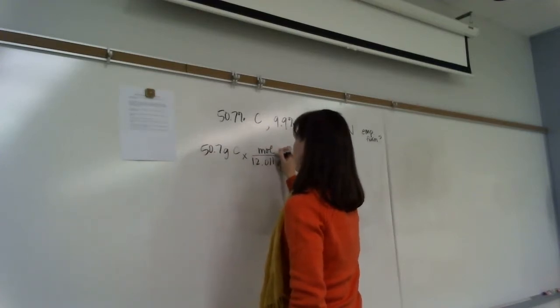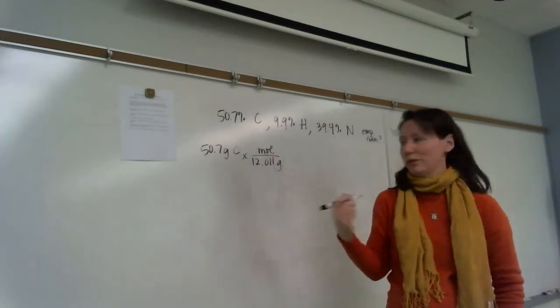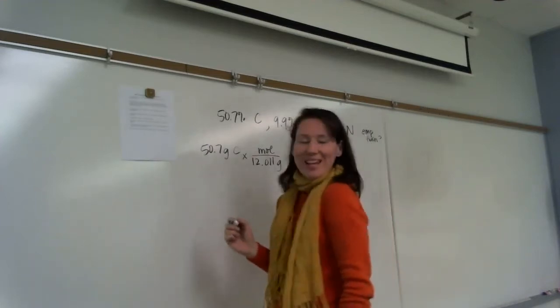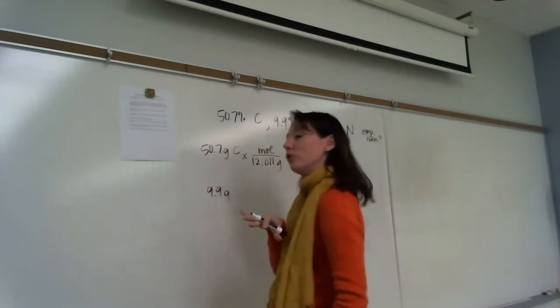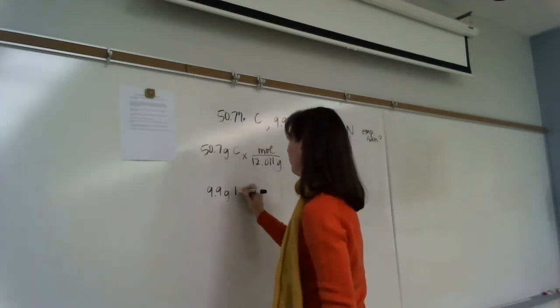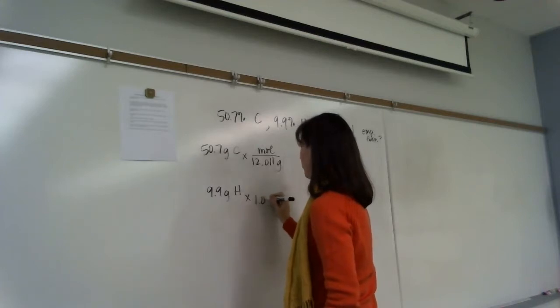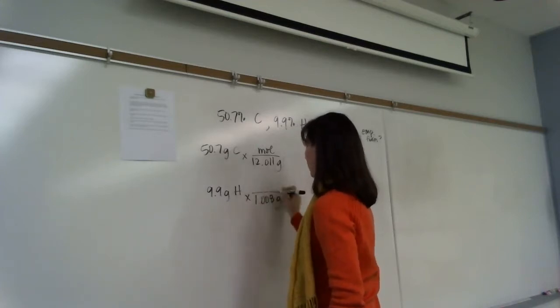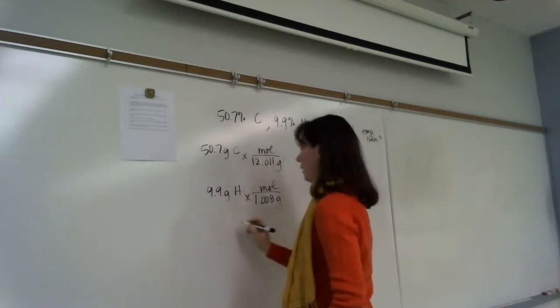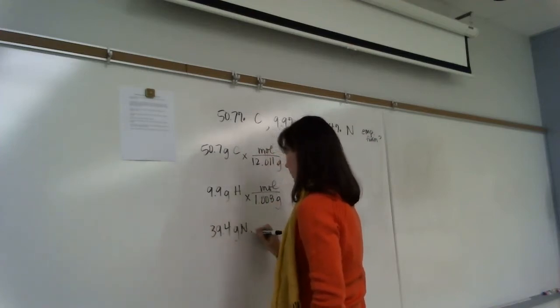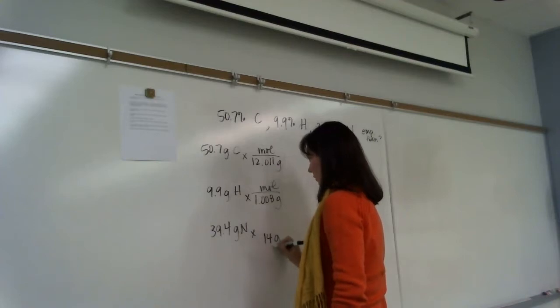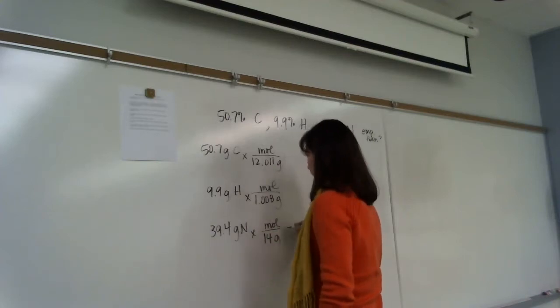Are any of you memorizing your molar masses yet from doing the same ones over and over? Feels scientific, doesn't it? All right, 9.9 grams hydrogen, 1.008 grams per mole. 39.4 grams nitrogen, 14 grams per mole.